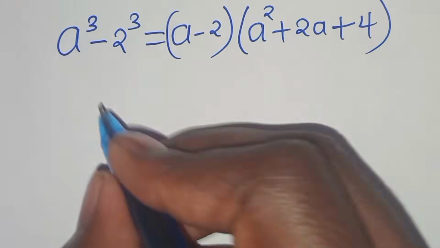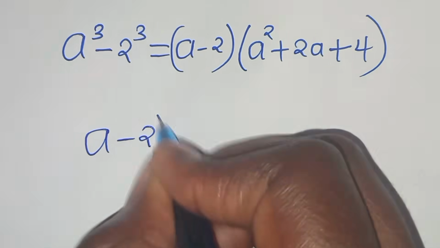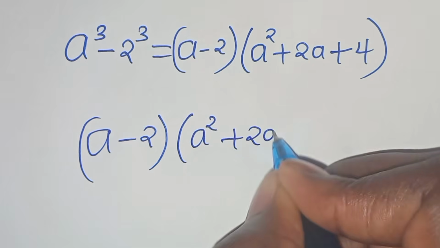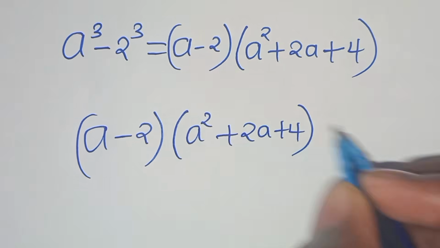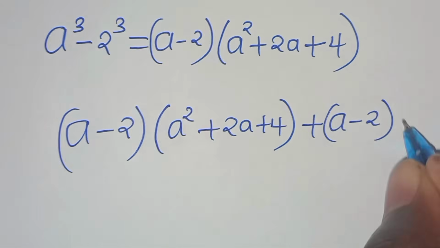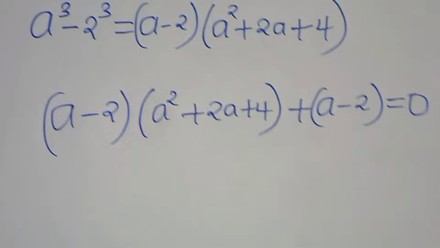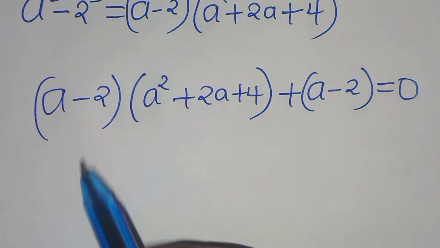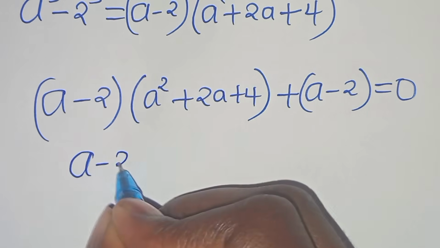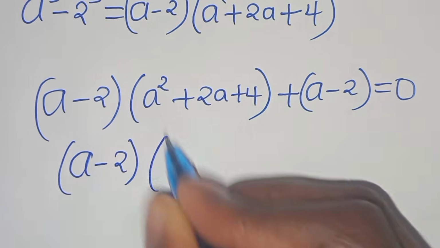Now, therefore, this implies that we have a subtract 2, a to the power of 2 plus 2a plus 4, then plus a subtract 2, equal to 0. We have that a minus 2 is common here, so we can factor out a subtract 2 into the parentheses.